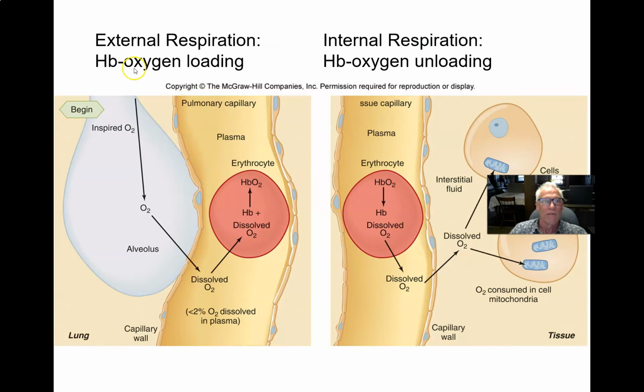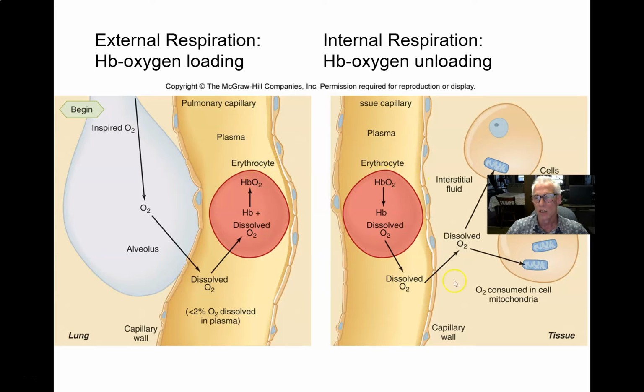So we have oxygen coming in from the fresh air into the alveolus, dissolving in the water on the surface of the alveolus, diffusing over into the capillary, into the red blood cell, and then binding to the hemoglobin. And so it sticks avidly onto the hemoglobin. We have saturated hemoglobin. Then we deliver, or we circulate or transport that blood over to the tissues.